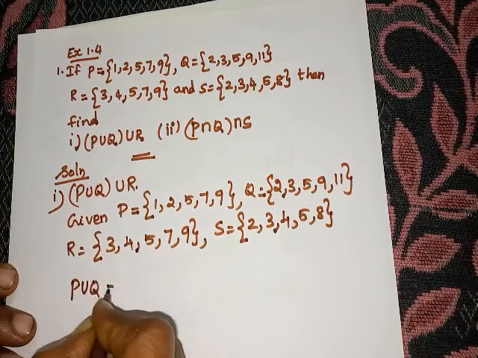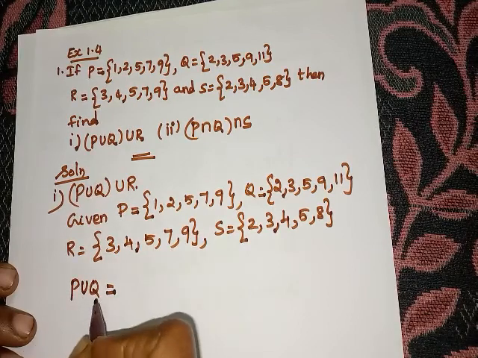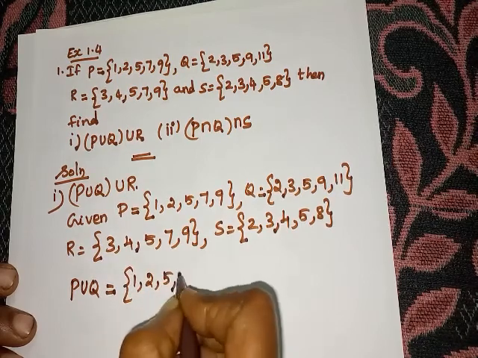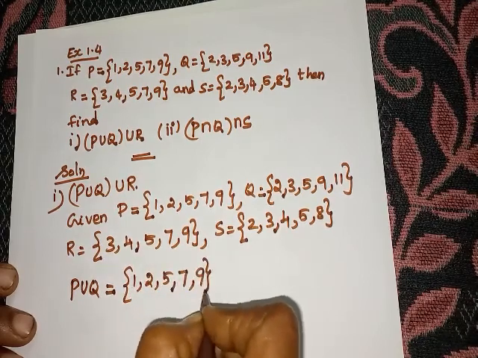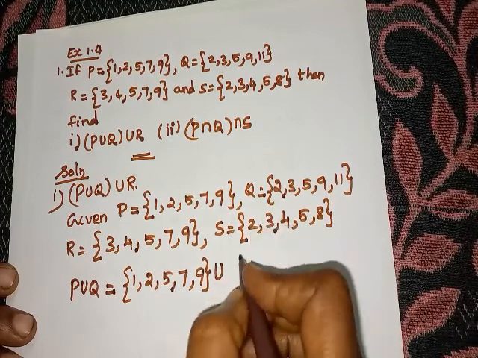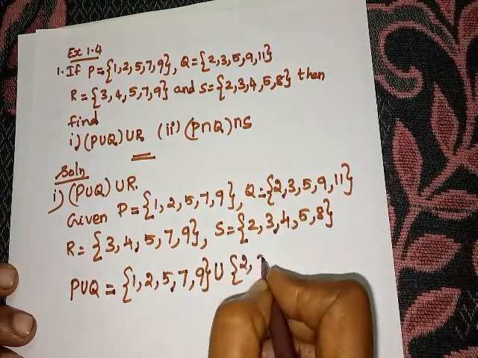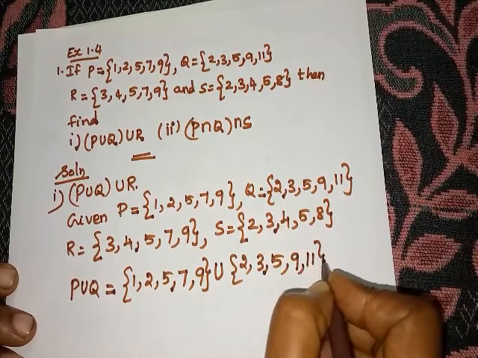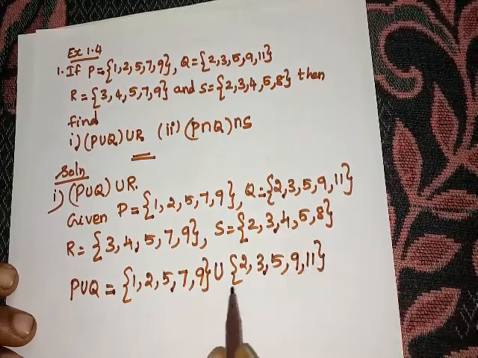P union Q is equal to P set union Q set. That is {1, 2, 5, 7, 9} union Q, which is {2, 3, 5, 9, 11}. Now we have to combine both.